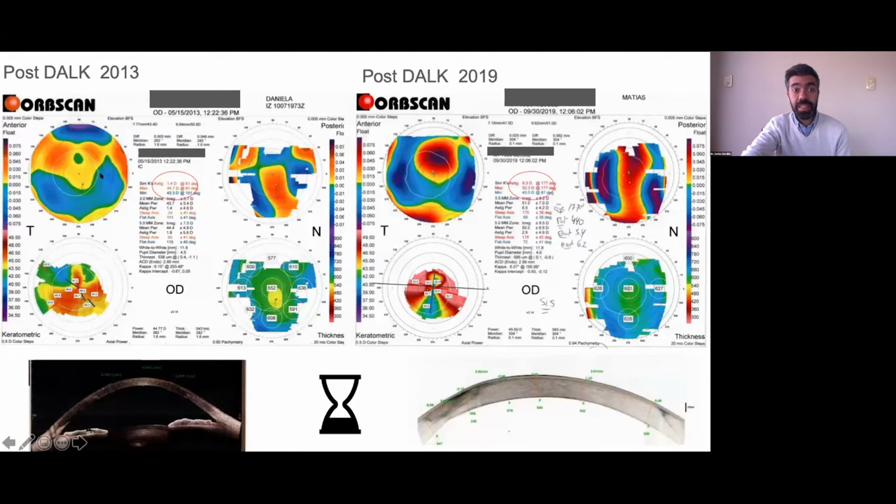You can see here a case. That is the case I was showing you before. Well, he came after 6 years with this corneal ectasia. The ectasia was because of a thinning in the peripheral ring in the superior area.